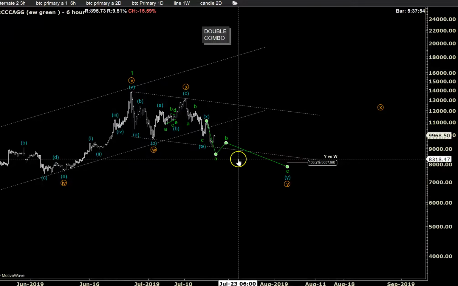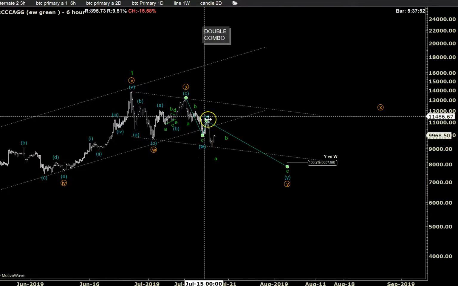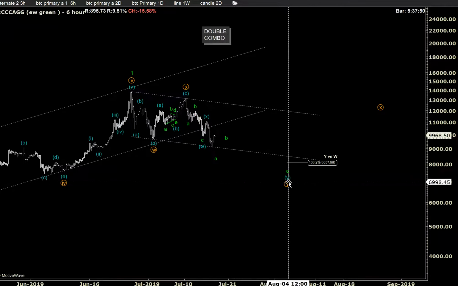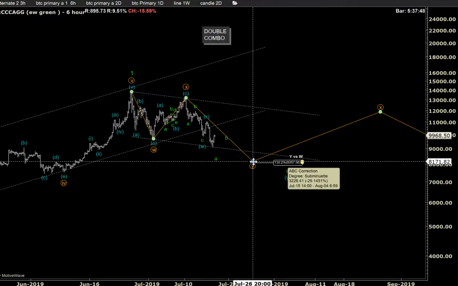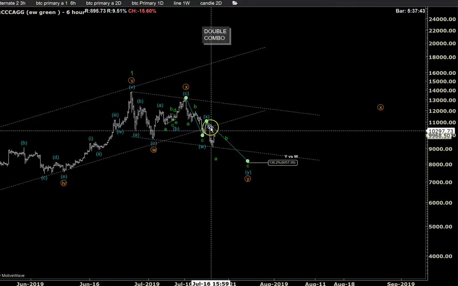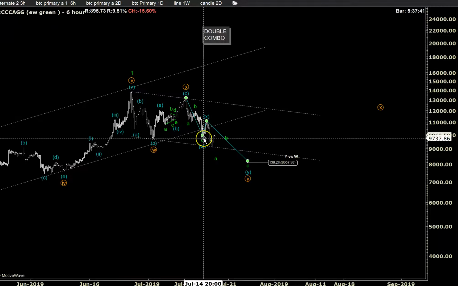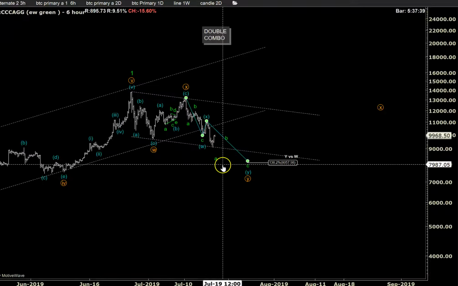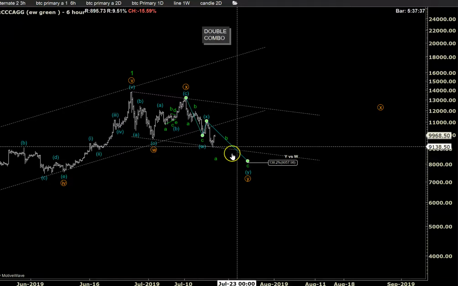So you would have this WXY kind of happening over here. Maybe this is a little bit shorter, so you can have some proportionality between these legs. This is an ABC move, then you have a connector X, and now you either have an ABC or another WXY.